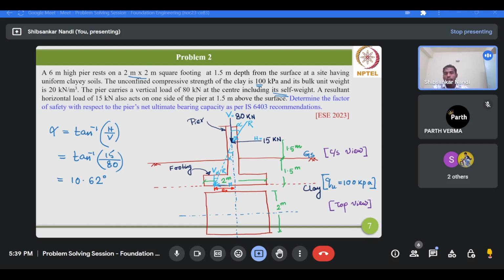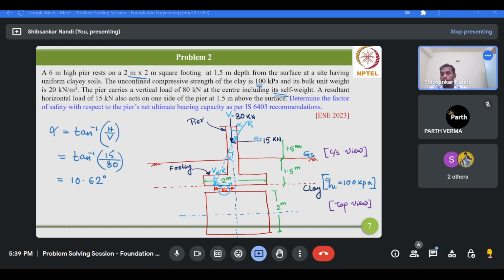Therefore, as you can see from this picture, the load has both inclination from the vertical axis as well as some eccentricity from the center of the footing. Now, how to calculate this eccentricity from the center of the footing? How can we calculate this Ex value?